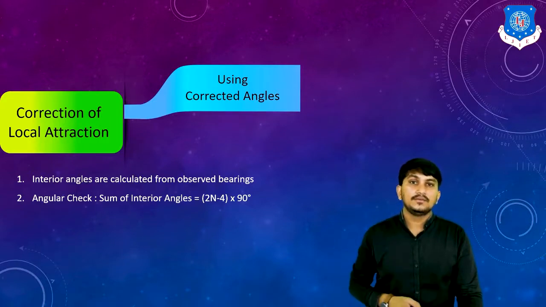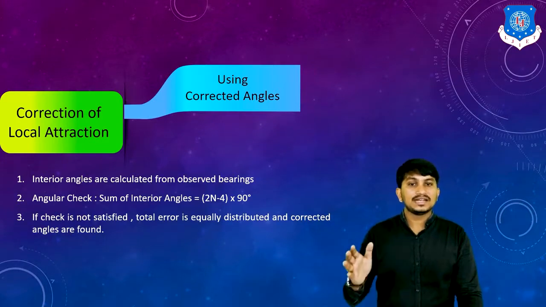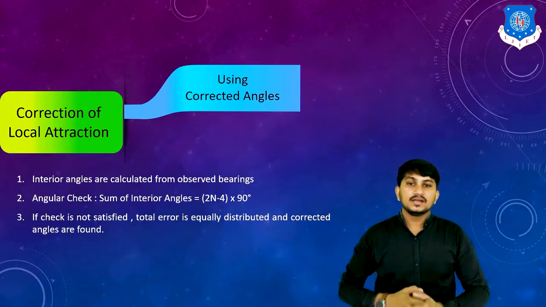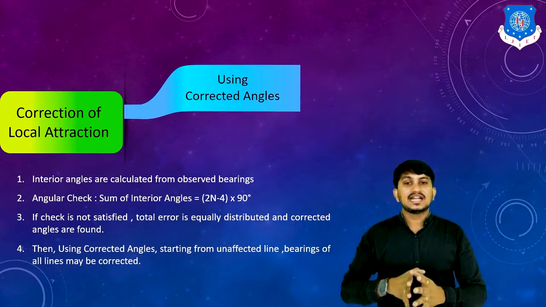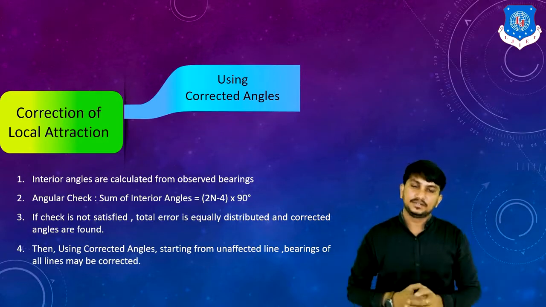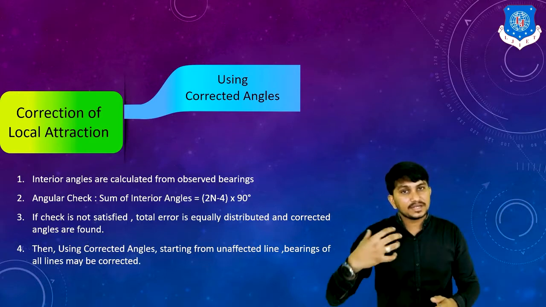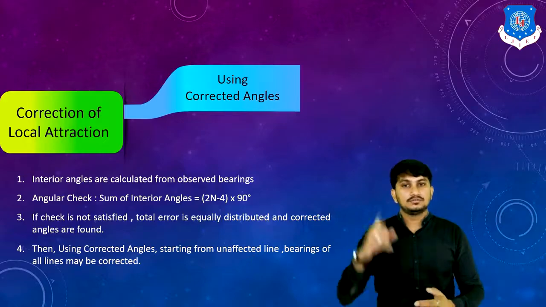This is the check for sum of interior angles. After checking, if the check is not satisfied, total error is equally distributed and corrected angles are found out. And then using corrected angles, starting from unaffected line, bearings of all lines are corrected. Okay, so using corrected angles, the new bearings or corrected bearings are found out by this method.